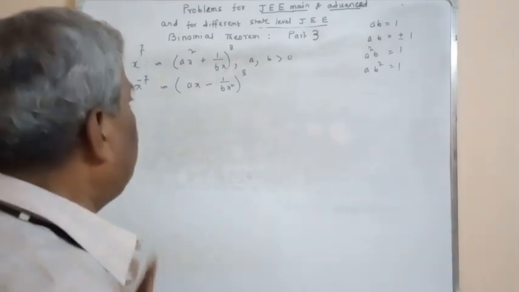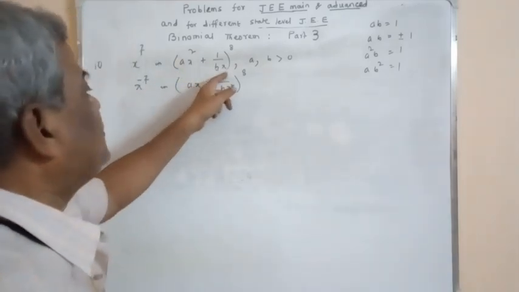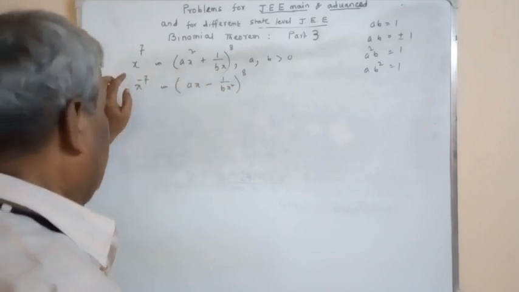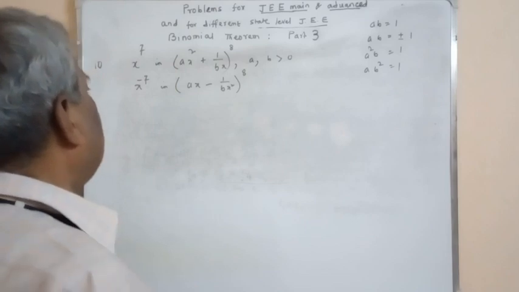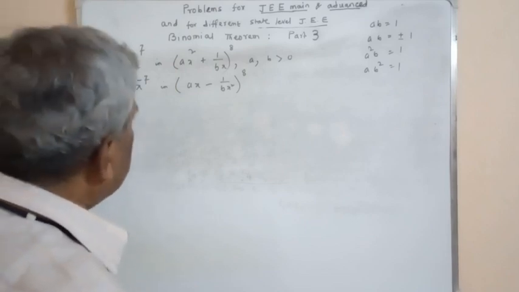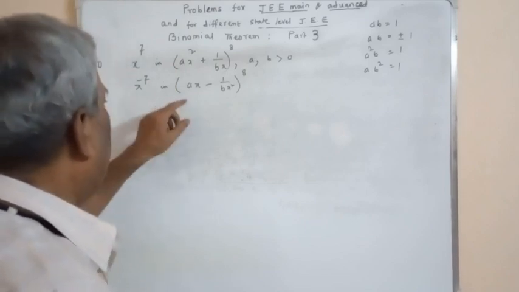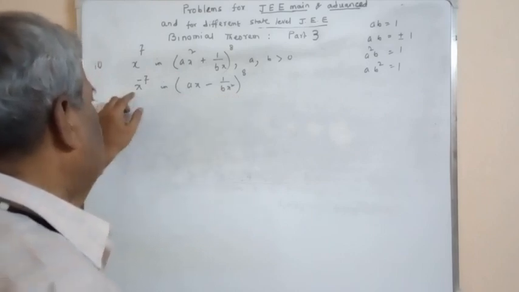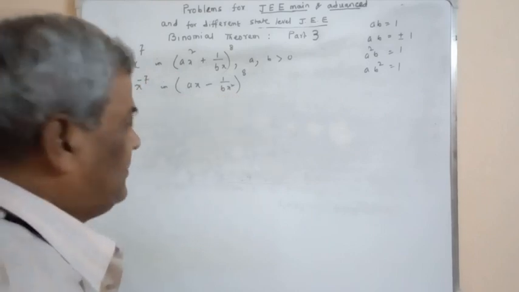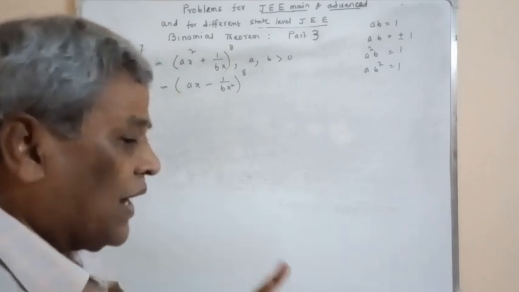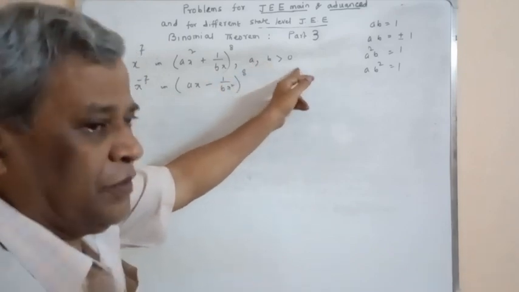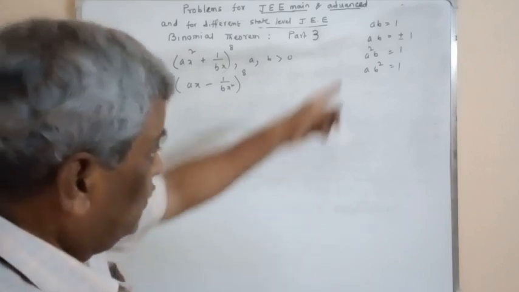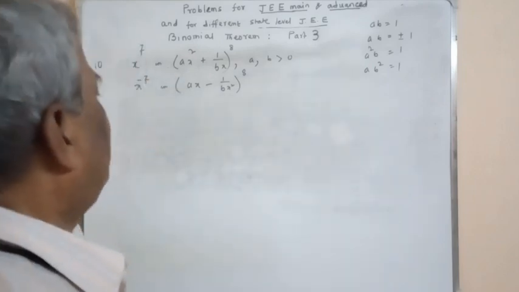The problem is, in that expansion the coefficient of x to the power 7 and in the other expansion the coefficient of x to the power minus 7, their magnitudes are the same. And a and b are both positive. In that case, which one is true?